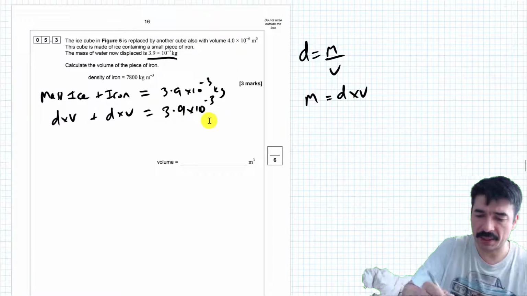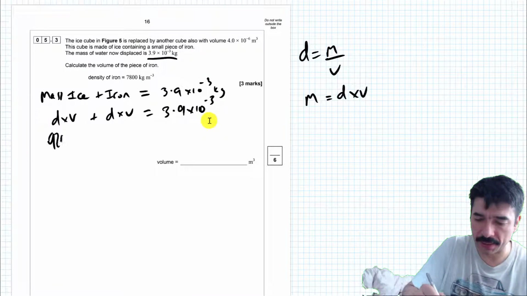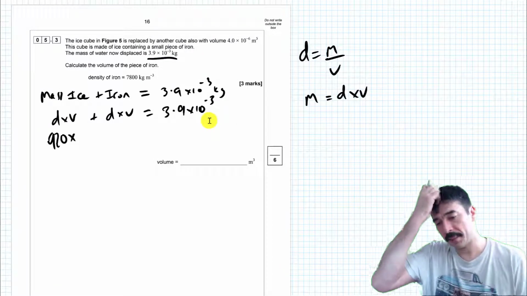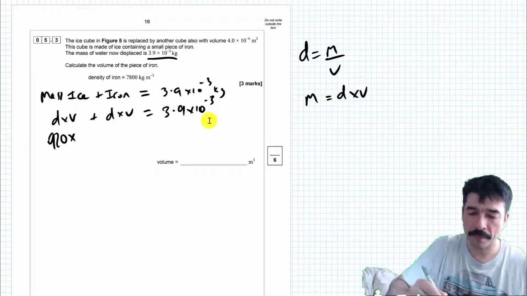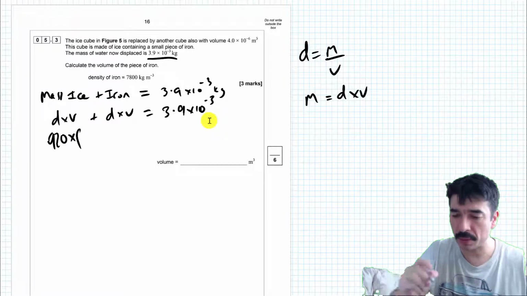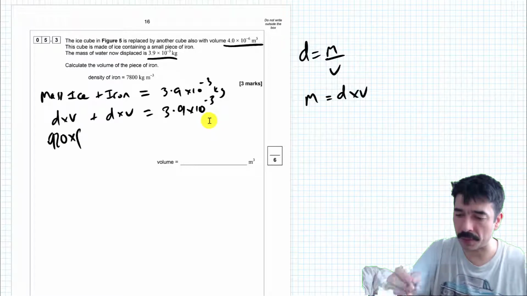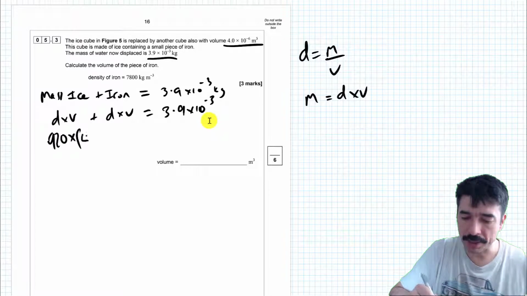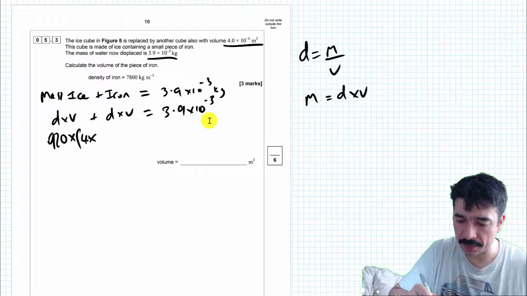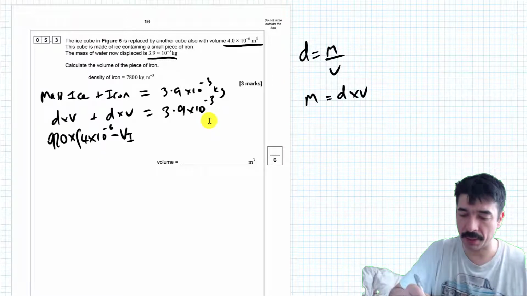So if I take the density of the ice, 920, multiply it by the total volume of the water, that's 4 times 10 to the minus 6, minus the volume of the iron, right?